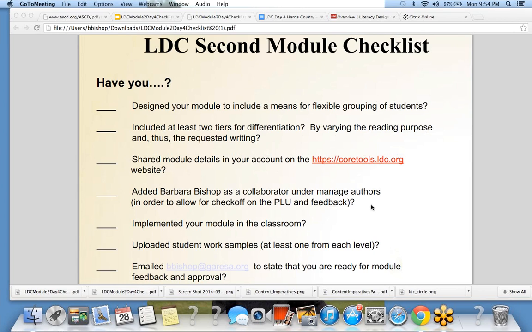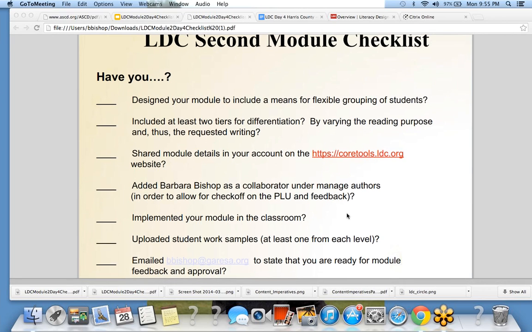So in other words, if you did a 3-leveled, 3-tiered assignment, and therefore had 3 different writing prompts, then you would have 3 student work samples. But if you opted to just go with the regular classroom on target writing assignment and then the additional enhanced version with some of those ideas that we just presented, then you would just be uploading 2.